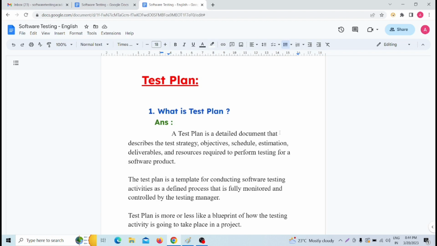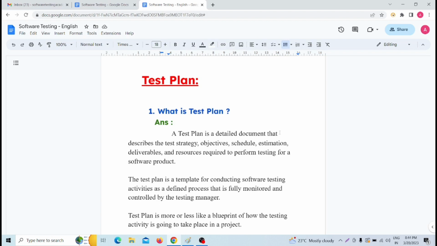Just the same for the test plan. Whenever you are doing any kind of testing activities, we have to follow some plan. In simple terms, that is called a test plan.